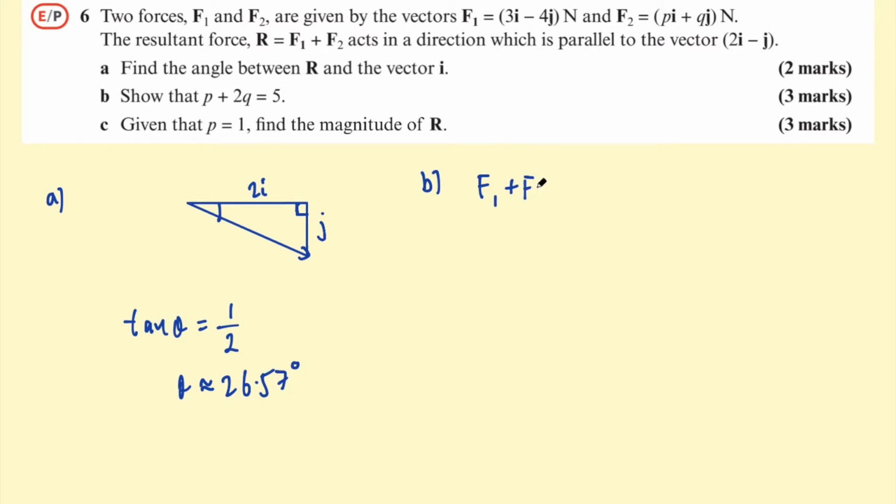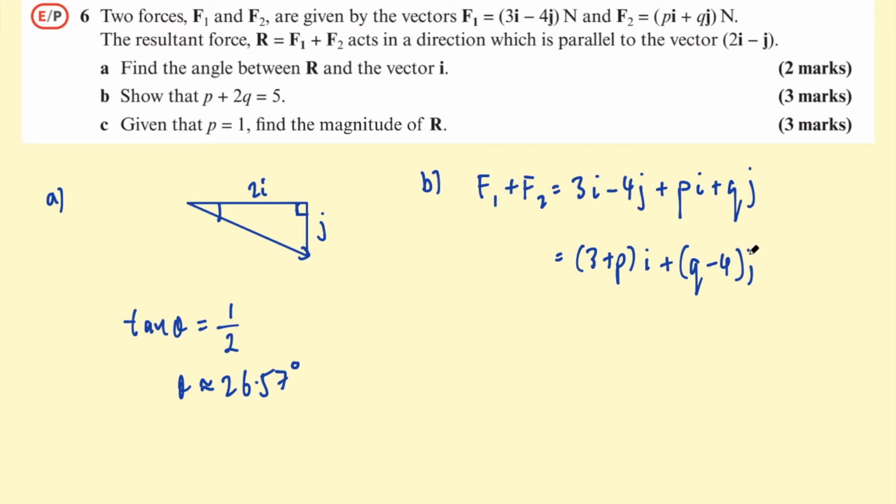F1 plus F2 equals 3i minus 4j plus pi plus qj, and then we can write this as (3 plus p)i, and then plus, I'm going to write it as (q take 4)j. I just feel like that looks a bit neater. And we're labeling this r for the resultant force.